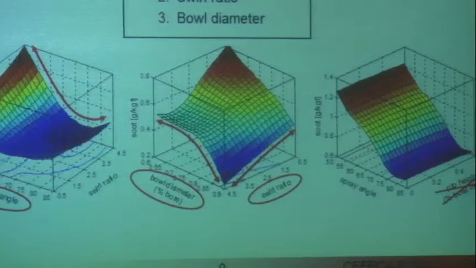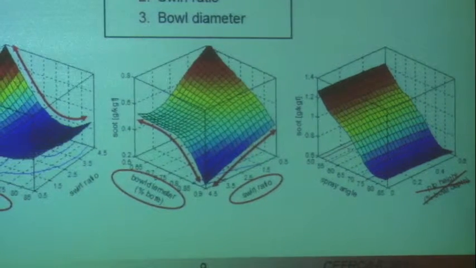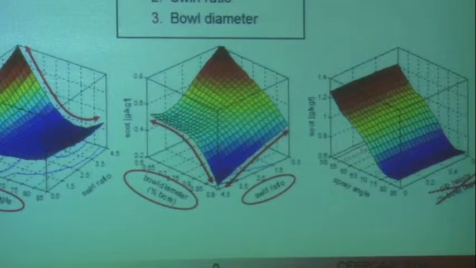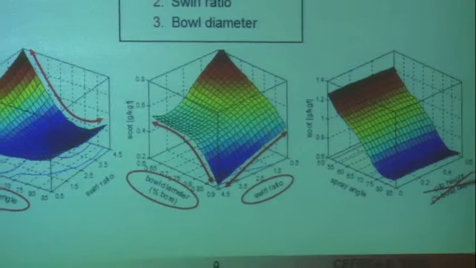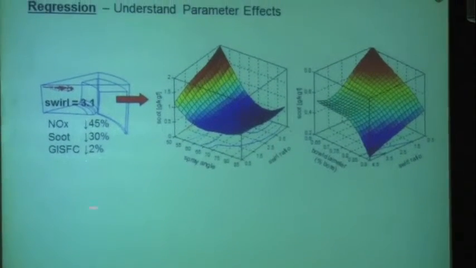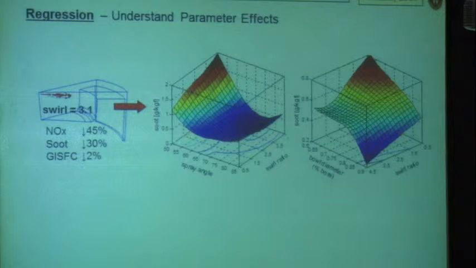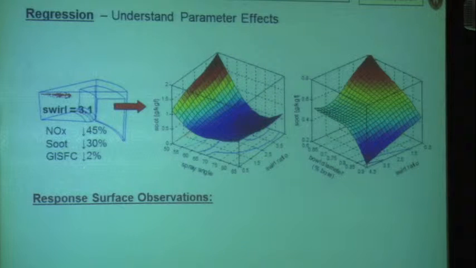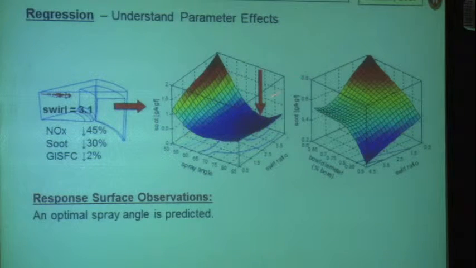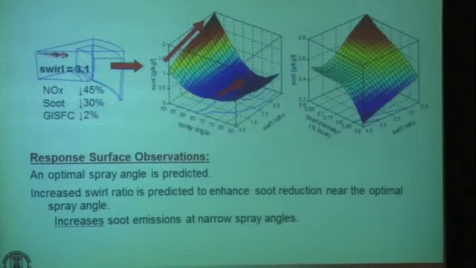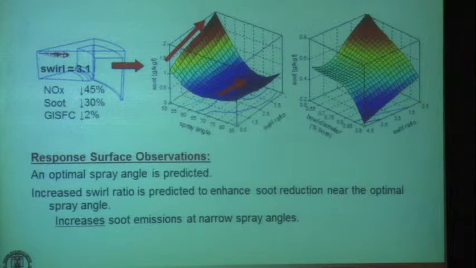By combining the understanding you get from the response surface regression with the Pareto front, you can understand the factors that lead to these optima. For instance, here we saw the explanation for the low soot, the low NOx, and the low fuel consumption. You can see from the response surface that there's an optimum spray angle around here. The swirl ratio is predicted to enhance the soot reduction, particularly near the optimum spray angle.